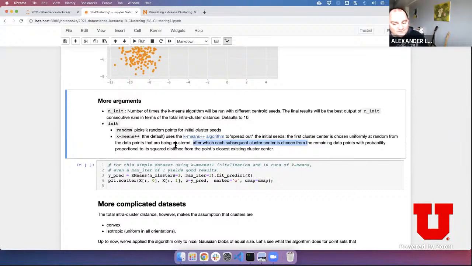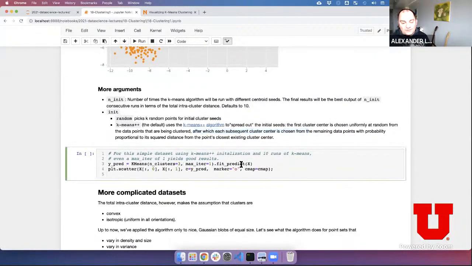So what this means is you pick a point from your data set as your initial centroid, and then you pick every other centroid such that it has a high probability of being very distant.